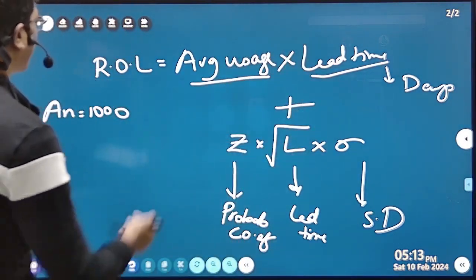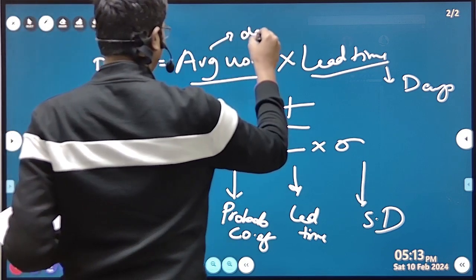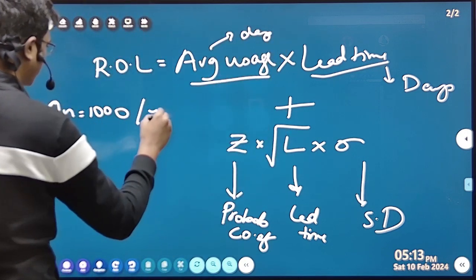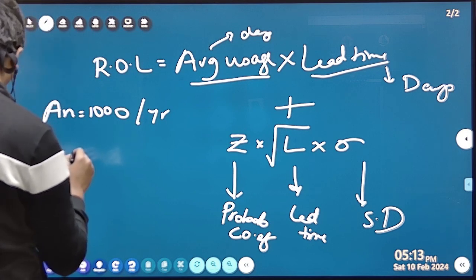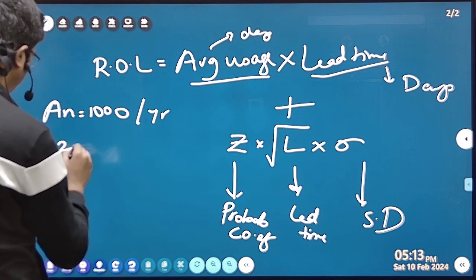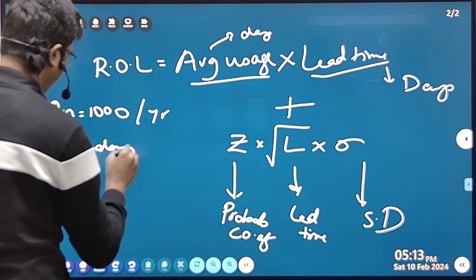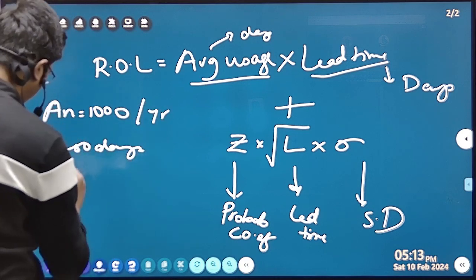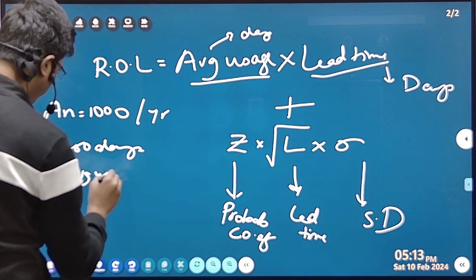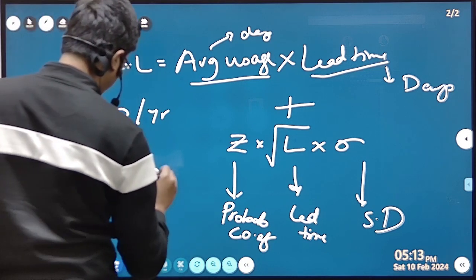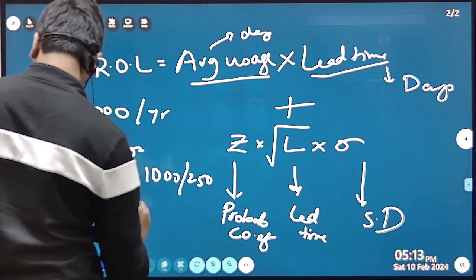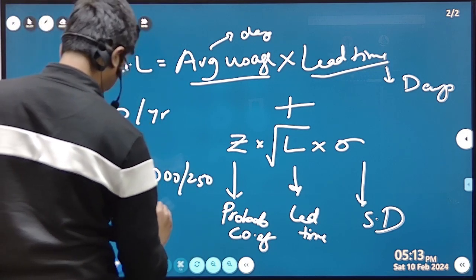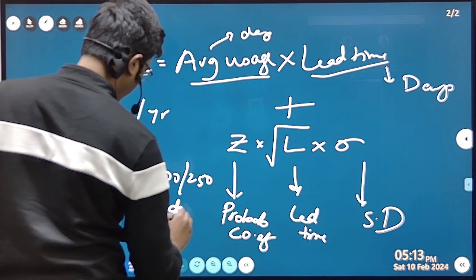So for average usage we have to use days. This is per year, and he says assume 250 days in a year. So average usage equals 1000 divided by 250, that is 4 units per day.